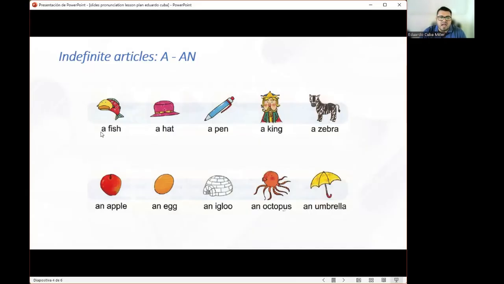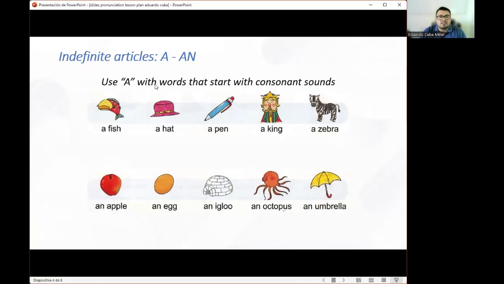Yes, we have right over here a and an. What are they? They are the indefinite articles. Correct. The indefinite articles, we're going to use them to indicate that there is a person, a place, an animal, or a thing. There is only one noun. There we go. And what are the differences, guys?